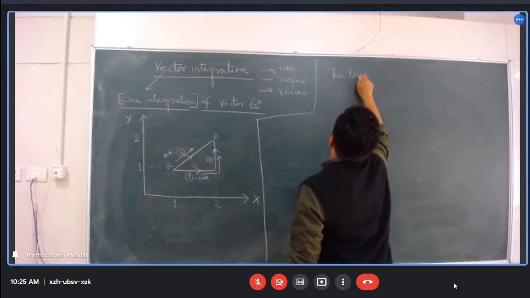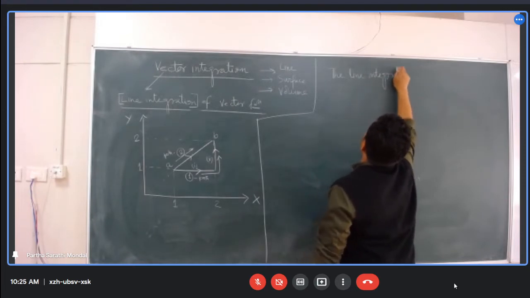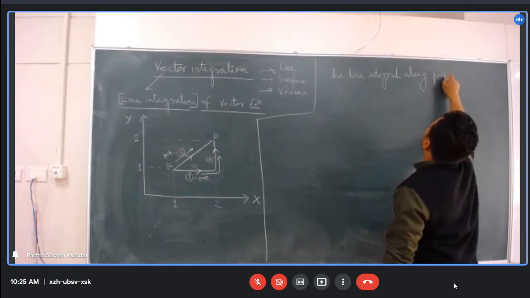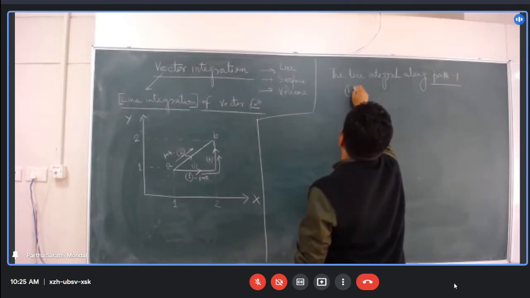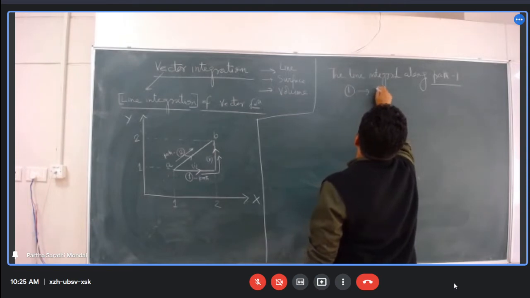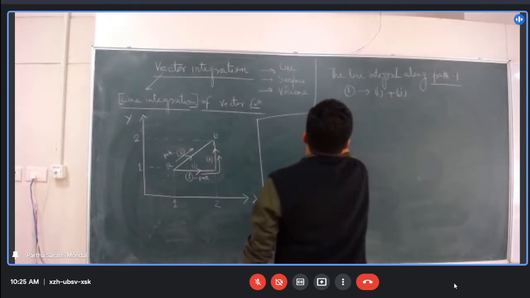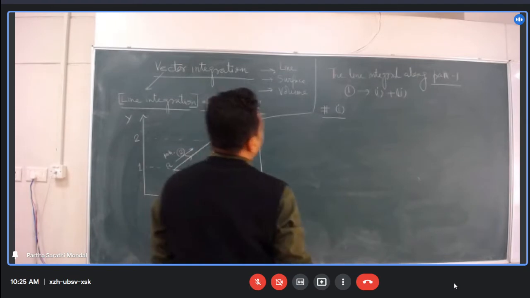Line integral लिखते हैं, integral along path 1. So path 1, you can divide into 2 portions, 1 plus 2. First we will calculate for 1. Okay, let's see. अच्छा बताइए हमको क्या कैलकुलेट करना है?